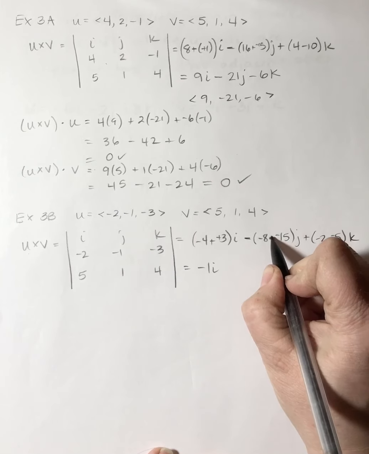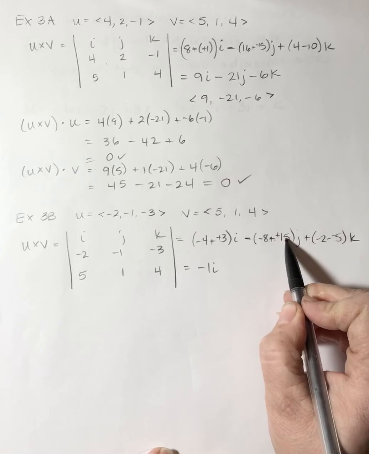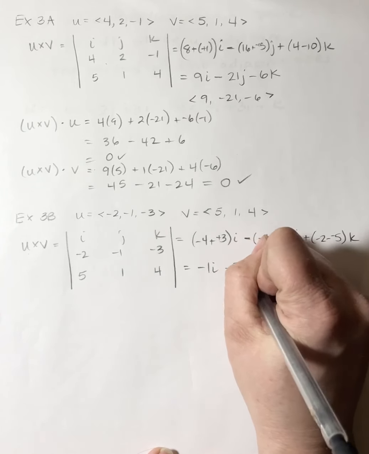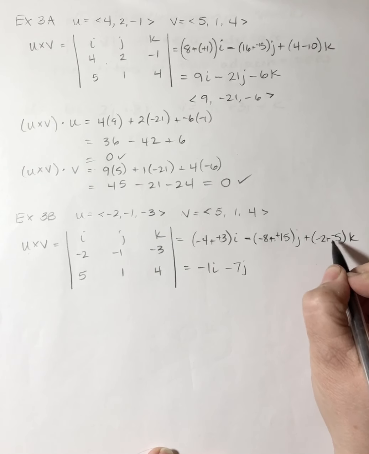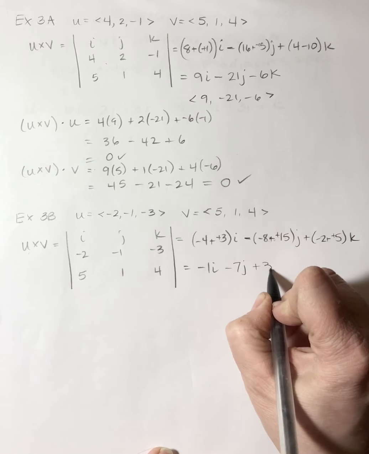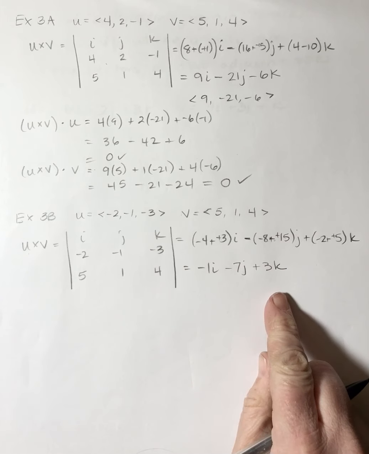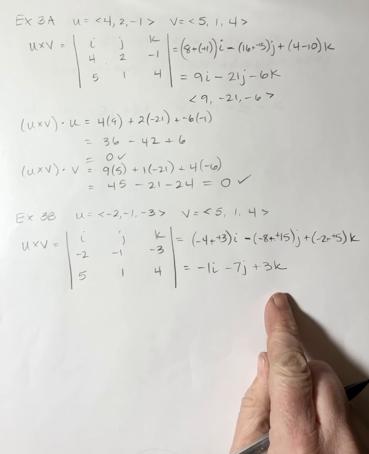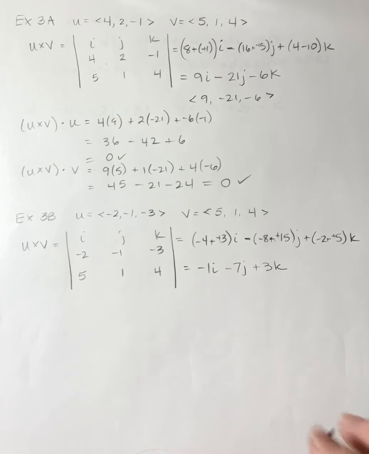So this one would be 7, so negative 7j, and then this one would be 3k. All right, so negative 1, negative 7, 3.